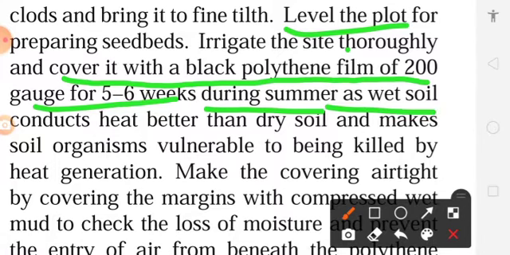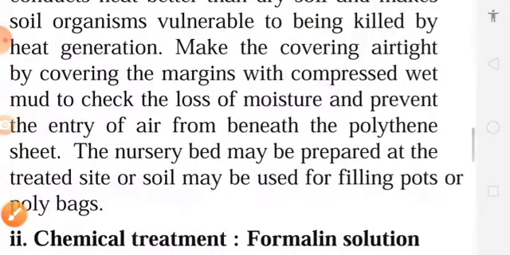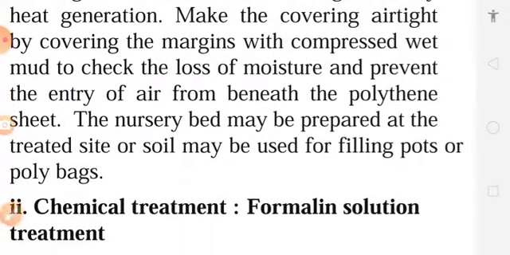So evaporation will take place, and that will increase the heat in the soil, and that will kill many pathogens which may cause diseases and pests in the plant. So this is a very easy and good method. Black polythene is used particularly because that will retain atmospheric temperature in the soil.